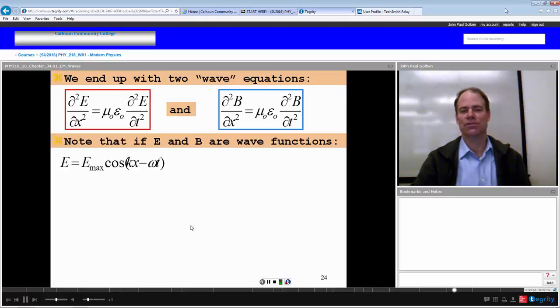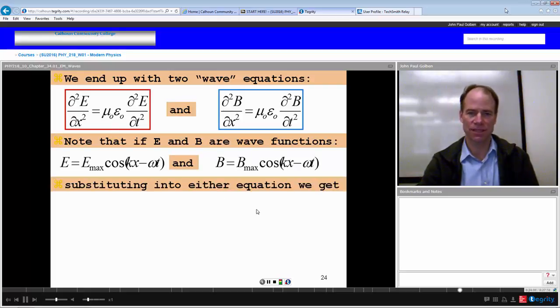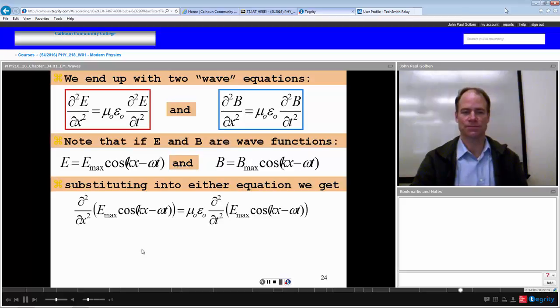Note that if we describe the E field and the magnetic field as wave functions with maximum amplitude times cosine of angular wave number k x minus angular frequency omega t, do that for the magnetic field as well, and substitute these into these wave equations, we would get from the first one the second derivative with respect to x of this wave function equals mu naught epsilon naught second derivative with respect to time of the same wave function.